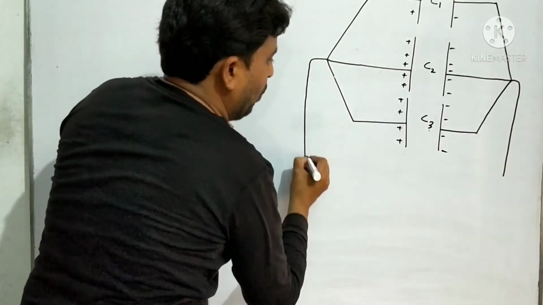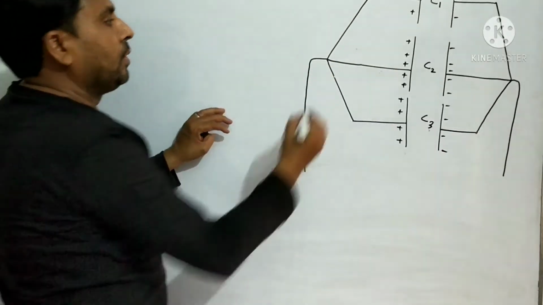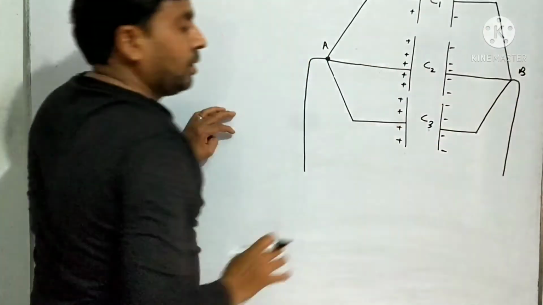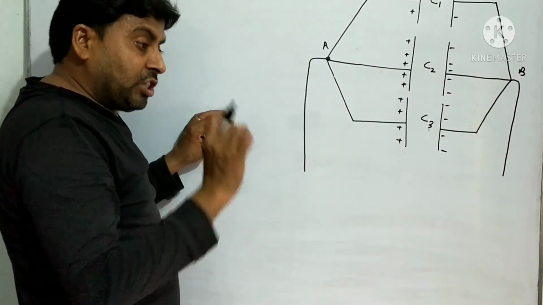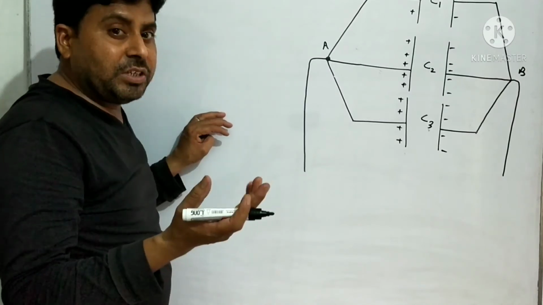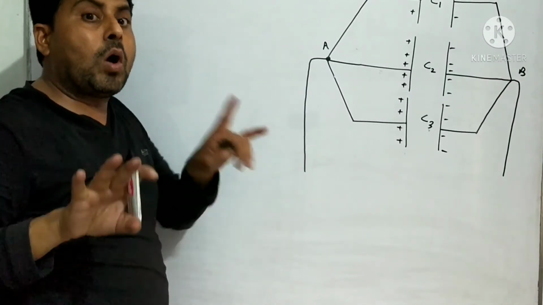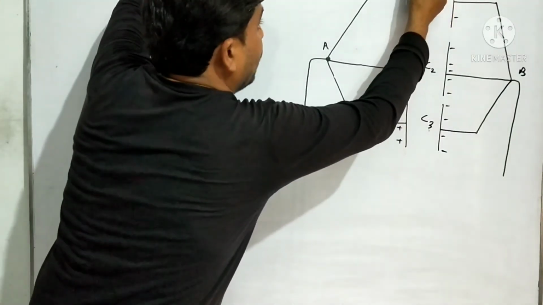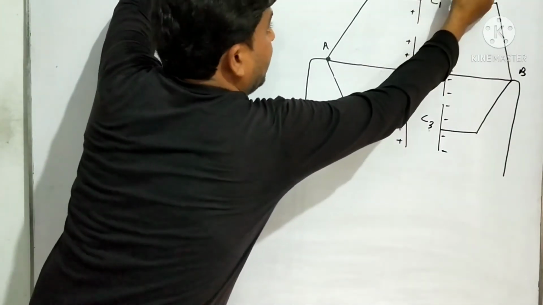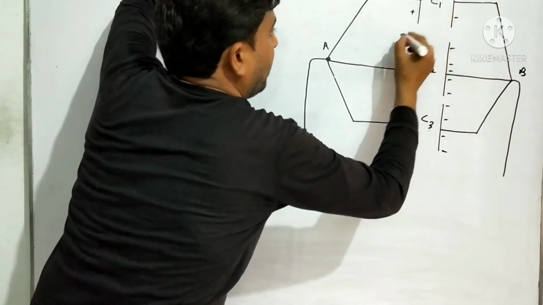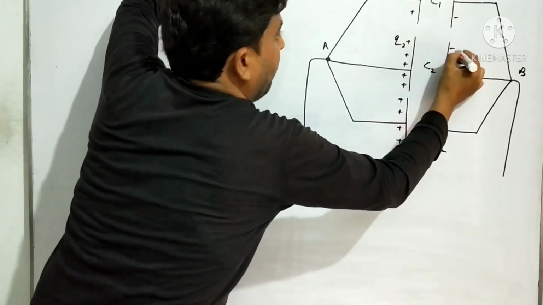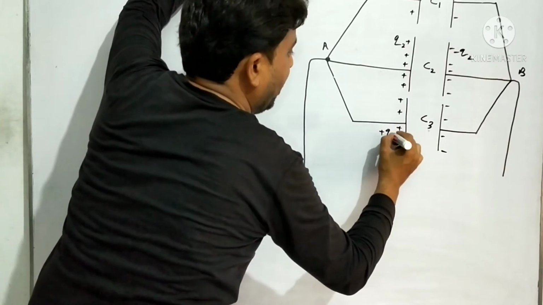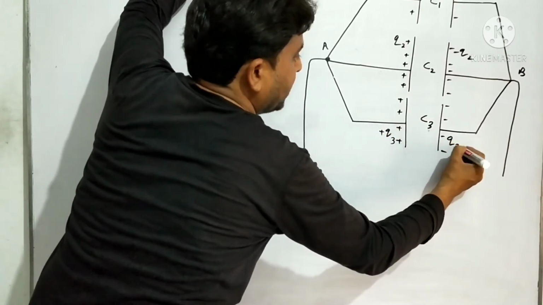In such a combination, with terminal A and terminal B, the charge on each capacitor remains separate or individual. The first capacitor has plus Q1 and minus Q1, the second has plus Q2 and minus Q2, and the third has plus Q3 and minus Q3.